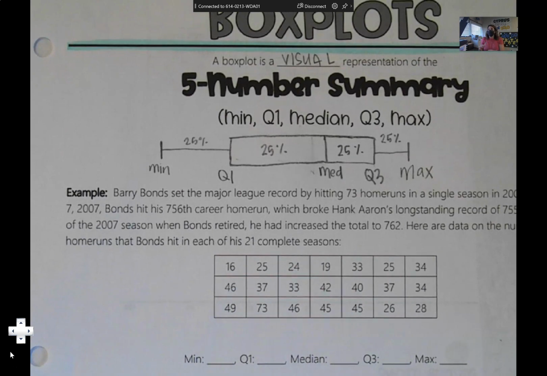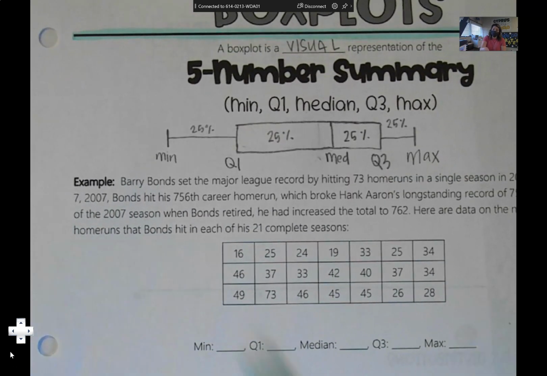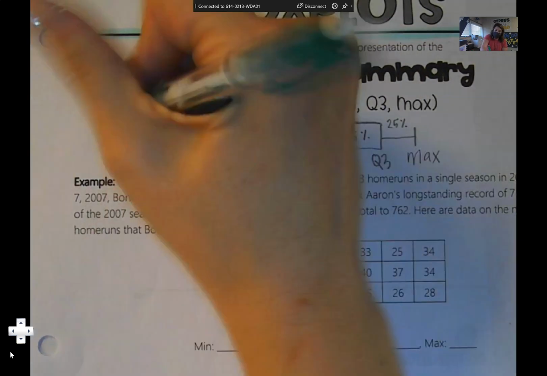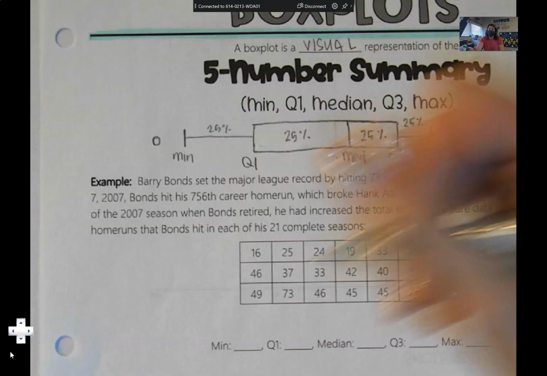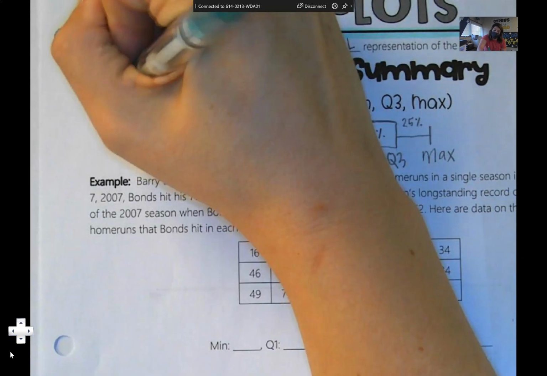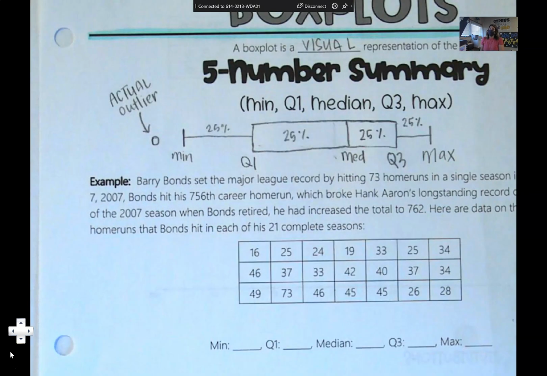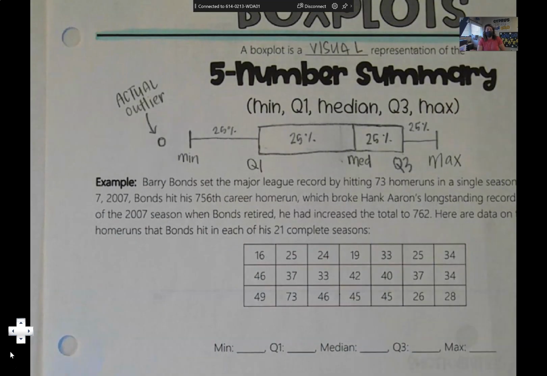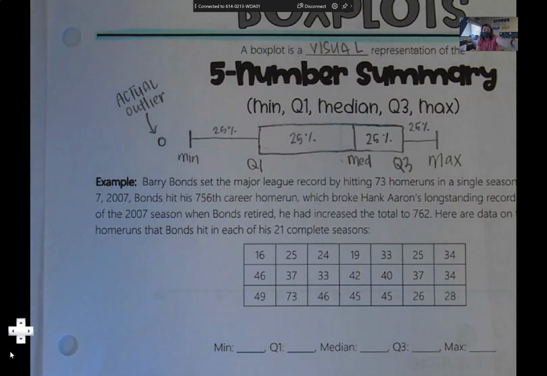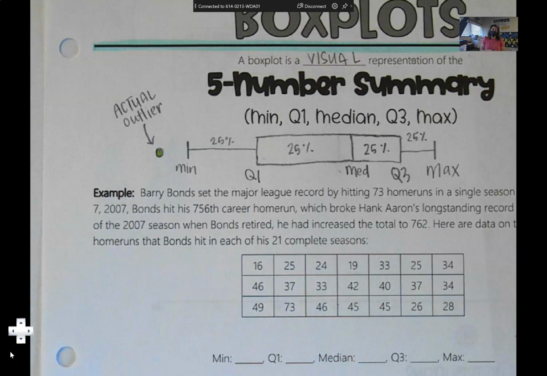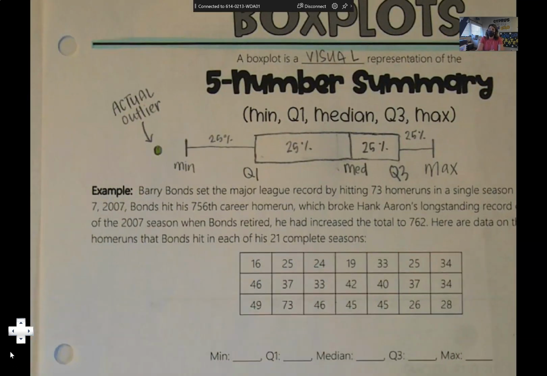The thing that I like about a box plot, in addition to that they're easy to make if you get your 5-number summary, is that if you have an outlier, it is outside of these, which are called whiskers. It's outside of the whiskers, and it's an actual outlier. What I mean by that is it is determined to be an outlier by 1.5 times IQR. If you see a point outside of the whiskers on any box plot, it is a legitimate outlier.